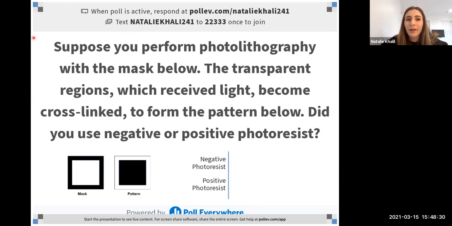Suppose you perform photolithography with the mask below. The transparent regions, which are in white on this mask, which received light, become cross-linked to form the pattern below. Did you use negative or positive photoresist? All right, looks like we're at 20 responses, so I'll give it some more time to get the rest of you.